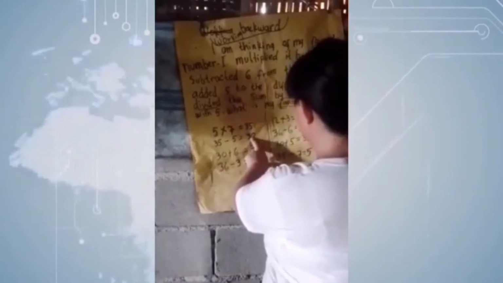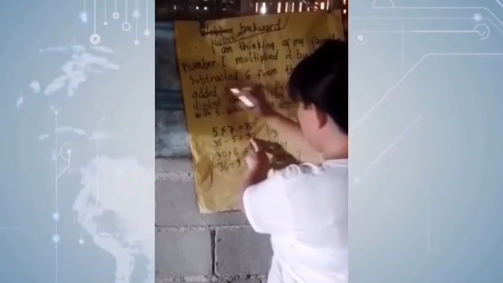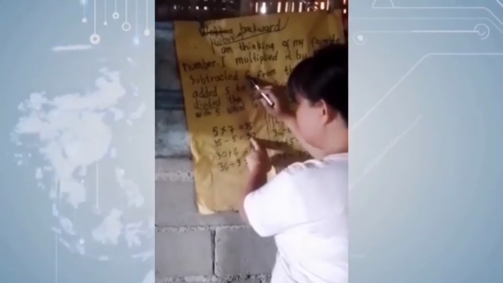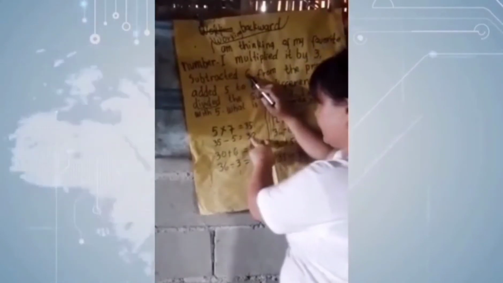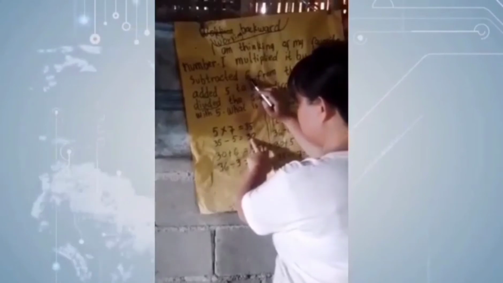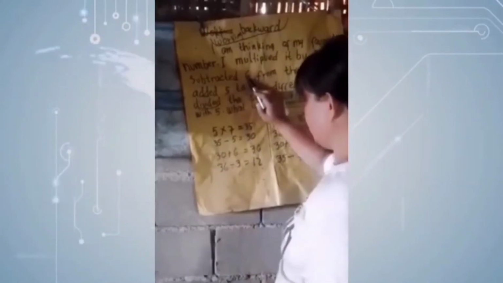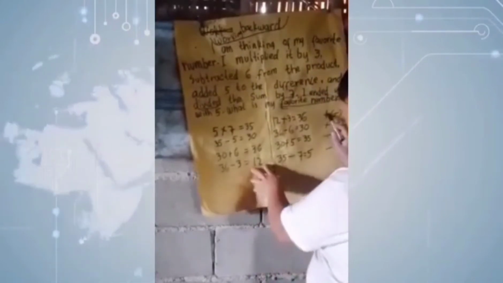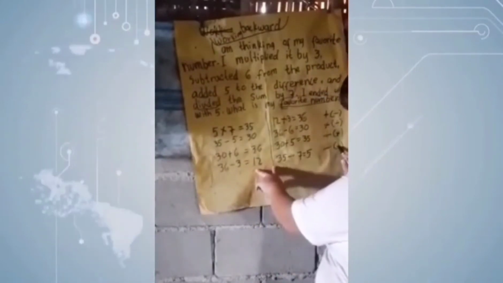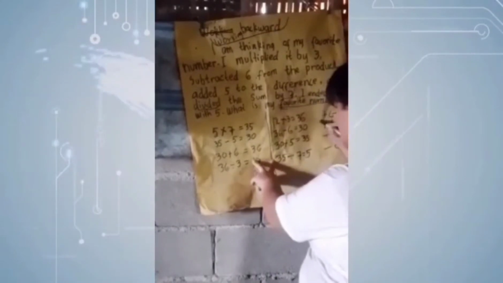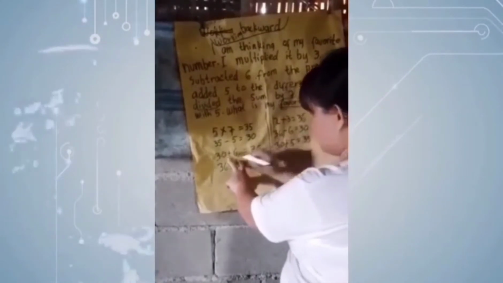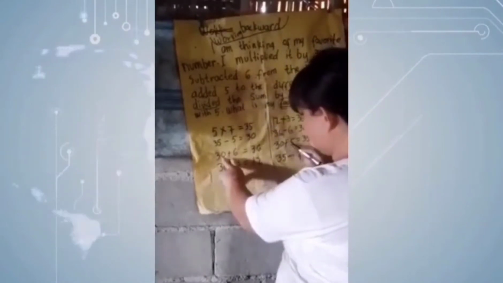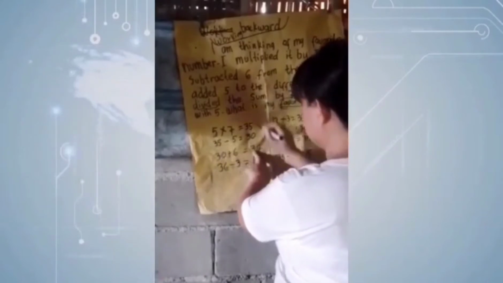So I subtracted 6. He or she mentioned again that he or she subtracted 6. And we are going to use again the opposite of subtraction, which is addition. 30 plus 6 is equal to 36.